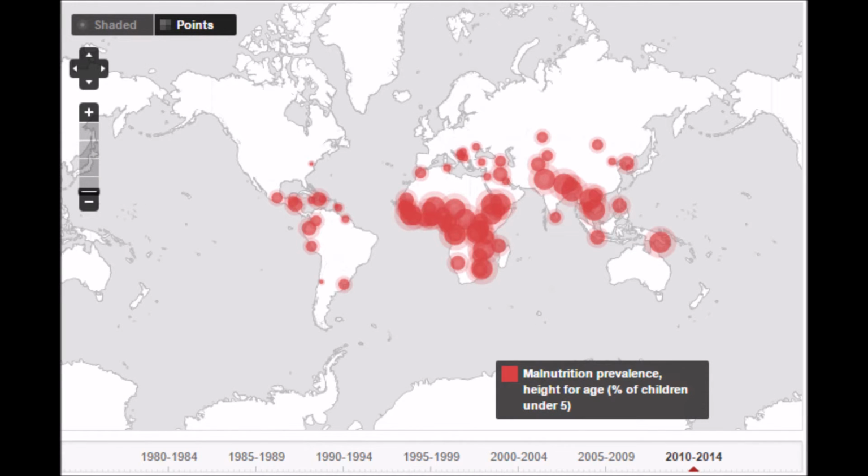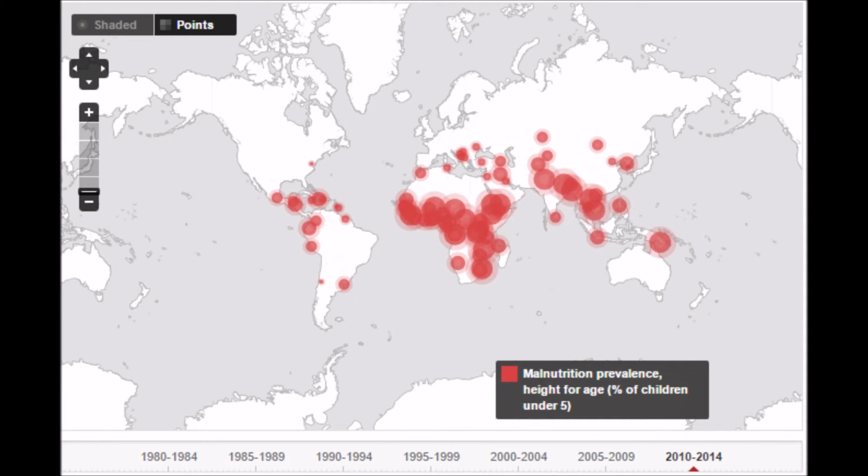Here's the graph for malnutrition prevalence, and some regions aren't scaled because the percentage is very low. However, the size of the red circles in the map represents the percentage of malnutrition prevalence.